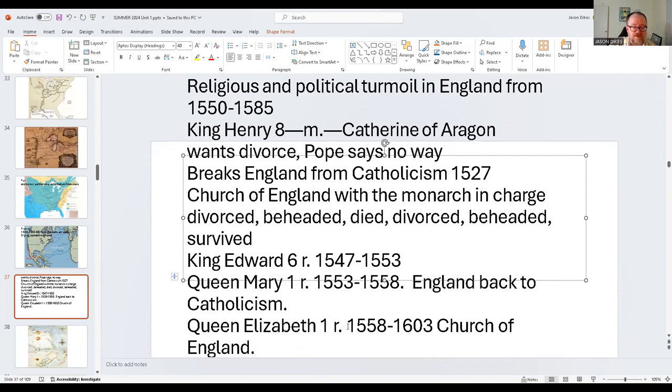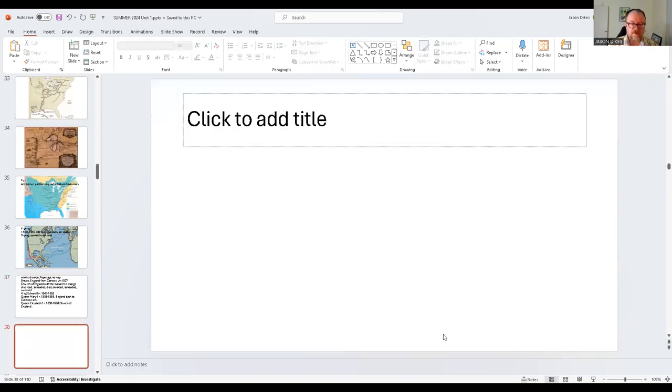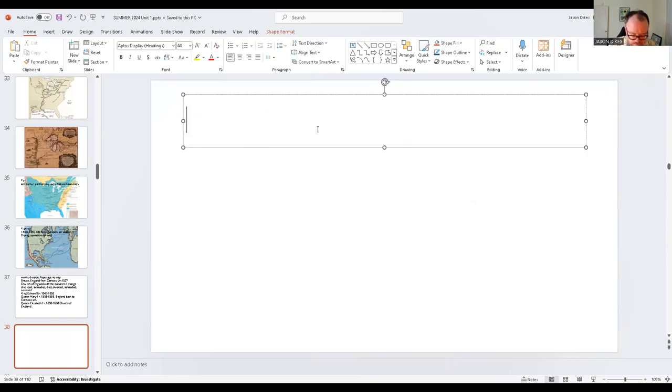But Elizabeth is going to have a nice long reign, okay, 1558 to 1603, 45 years. That makes her the third longest reign of any monarch of England. Second place being Queen Victoria, first place being the recently departed Queen Elizabeth II. So it'll be during Elizabeth I's reign that England will start looking at colonizing the New World.